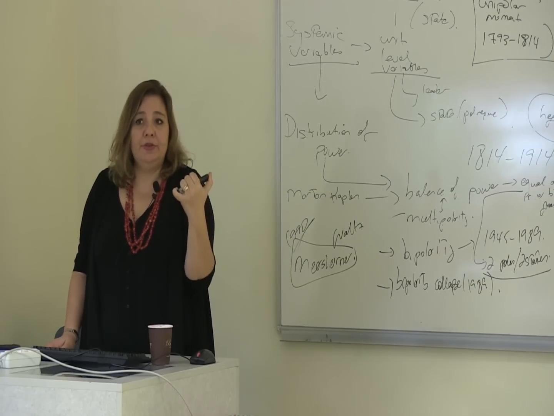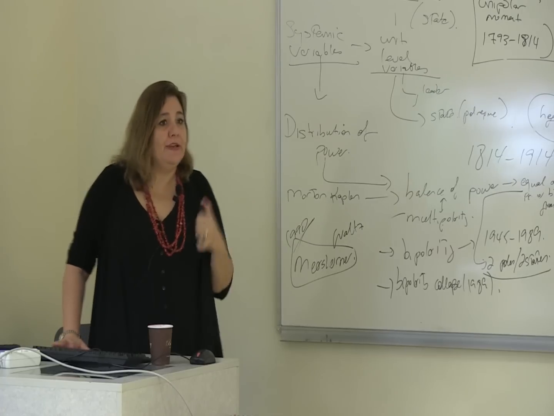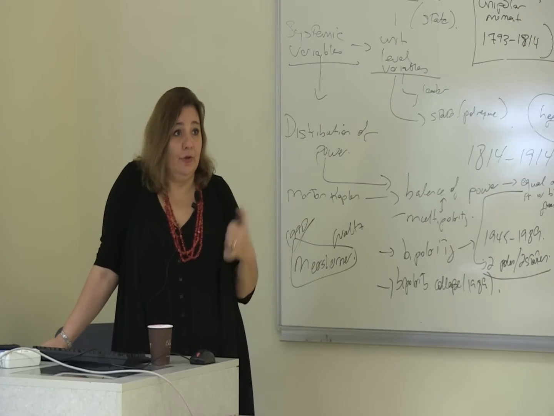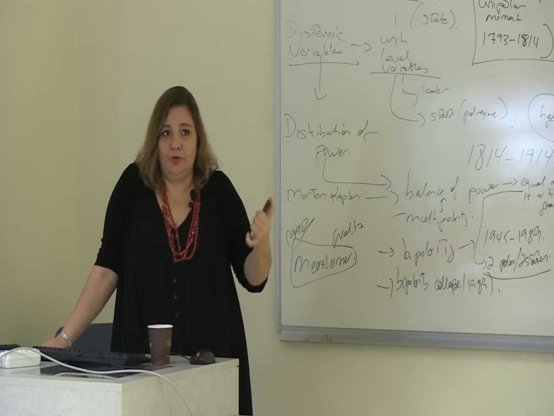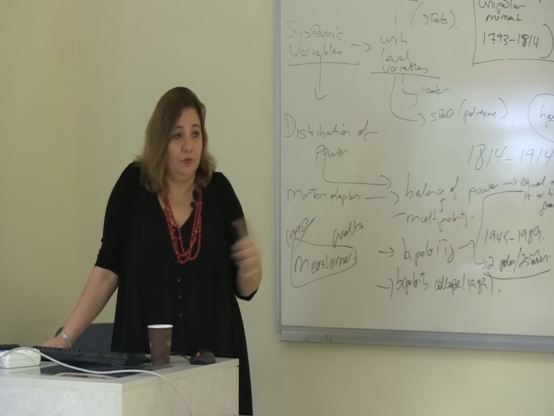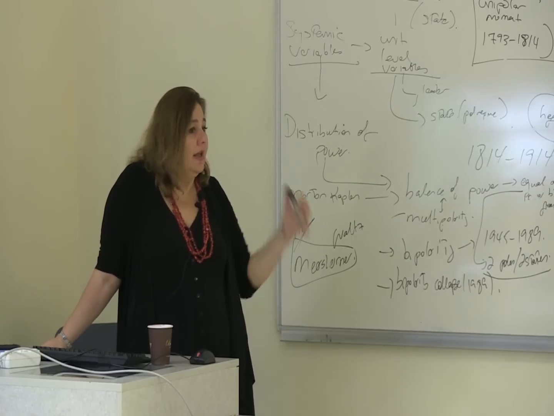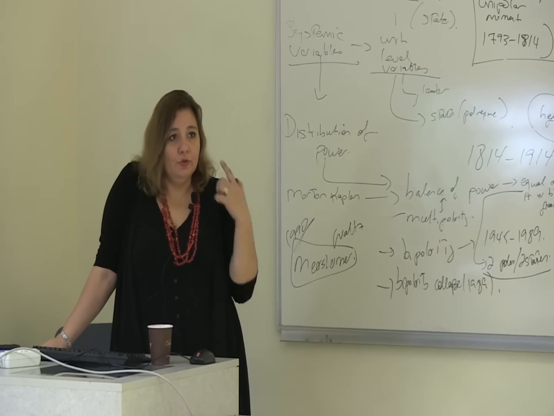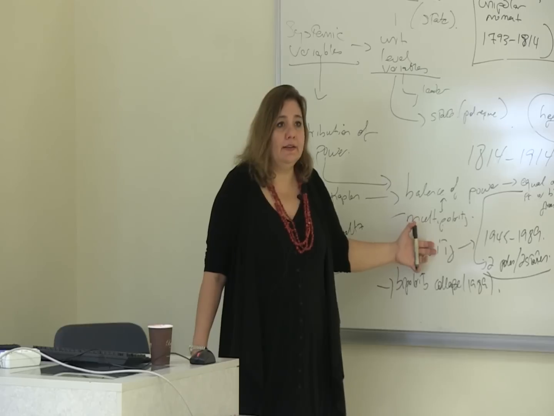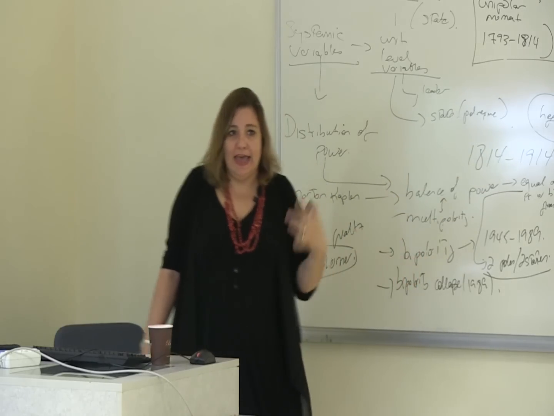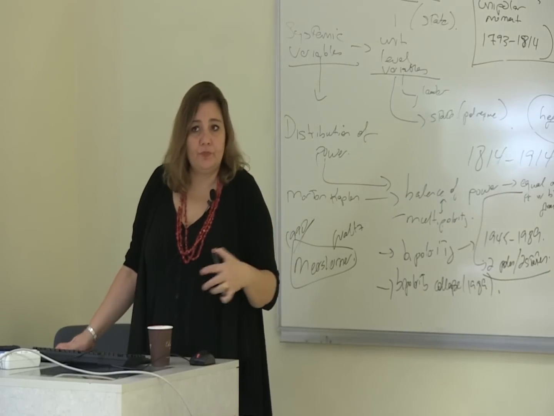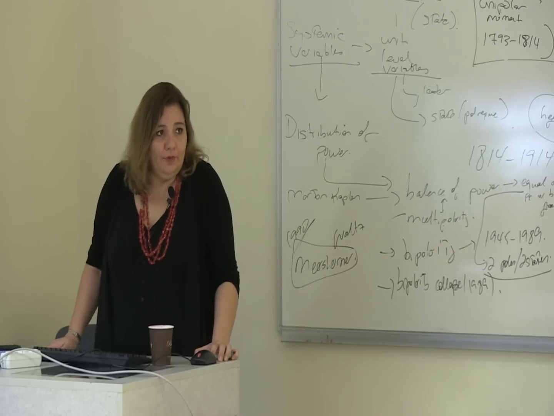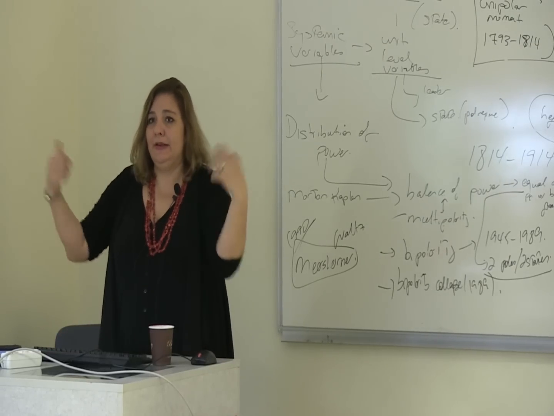So Mearsheimer is saying what made Europe peaceful from 1945 to 1989. Because Europe, you have the Napoleonic Wars, World War I, World War II. It has been the seat of all the wars. What made Europe less prone to war was the bipolarity between the USA and the USSR and the impossibility of winning a war, the increased material costs of winning a war, therefore the material impossibility of war.